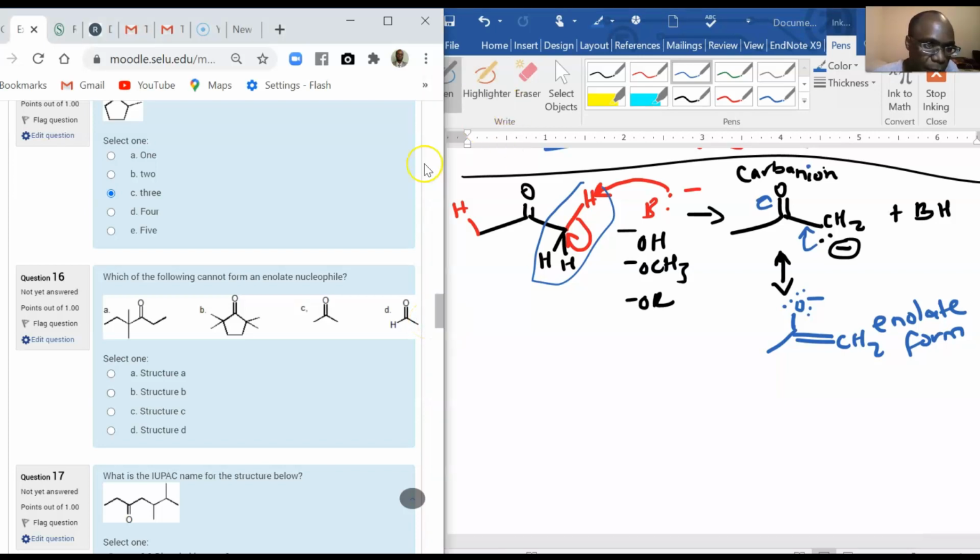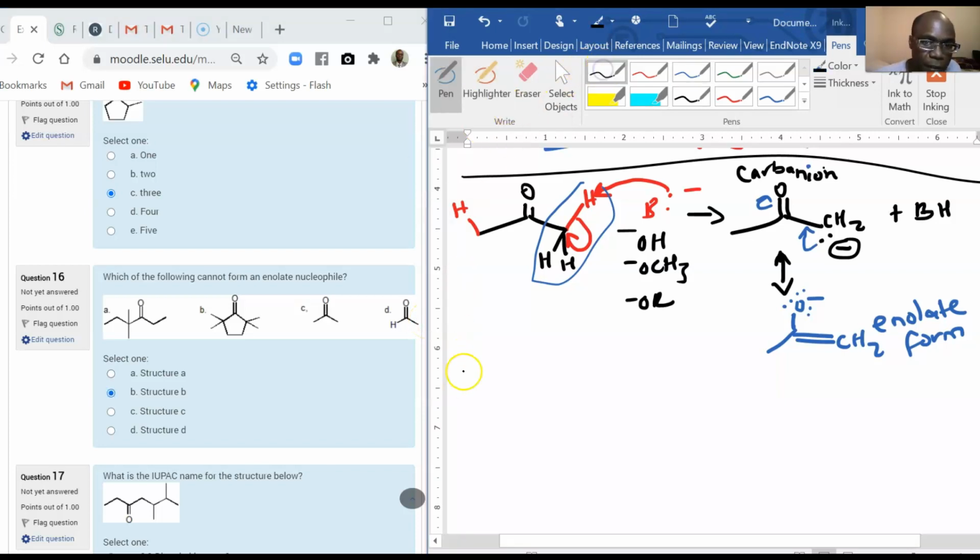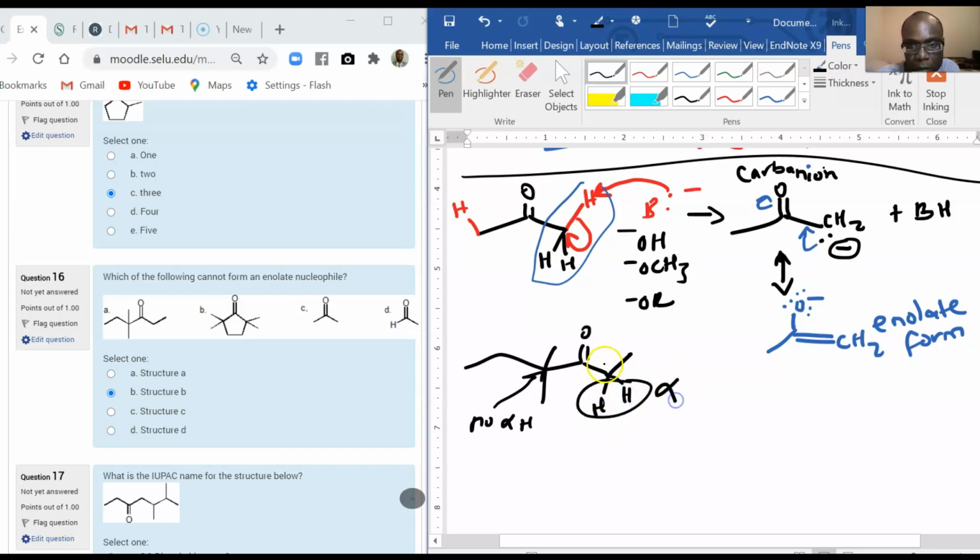Obviously the answer is B, because if you look at the first one, you have alpha hydrogens. They are not here. Here there's no alpha hydrogens, but right here you have them. So these hydrogens can be pulled out. Those are alpha. Okay. So A is out. A can form an enolate. We are looking for one that cannot form an enolate.